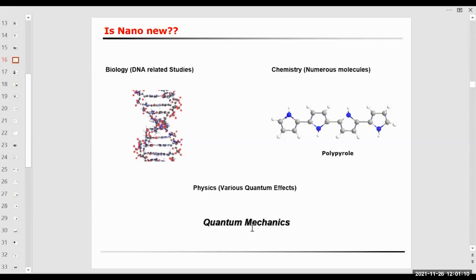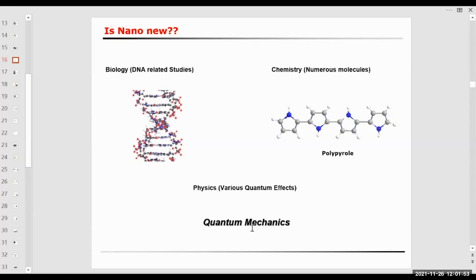The same is true of a molecule called polypyrrole, a well known organic light emitting diode material. Again, we have been using this for quite some time, even before the word nano. In physics, people have been dealing with quantum mechanics, which deals with ultra small systems, for a long time.